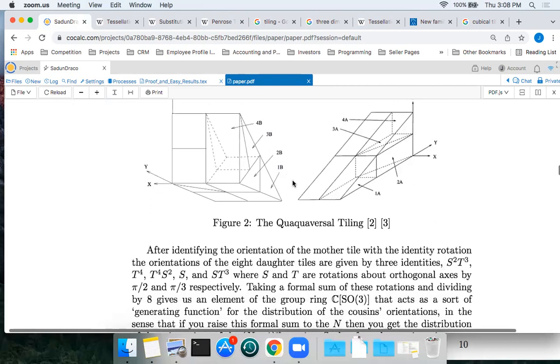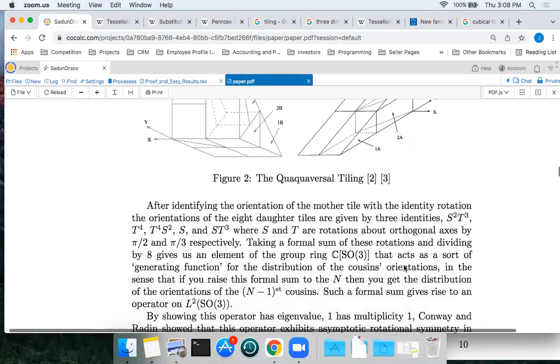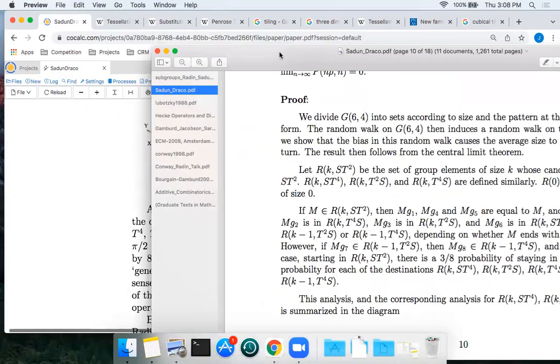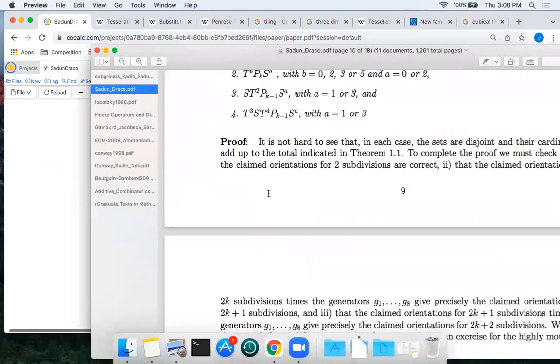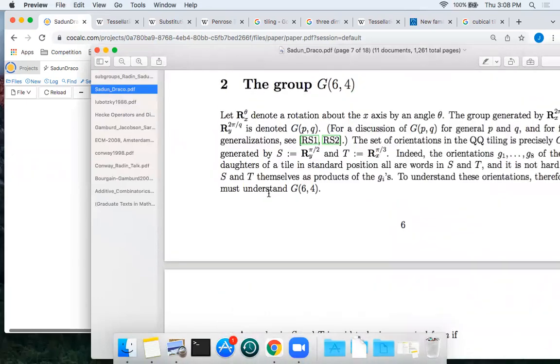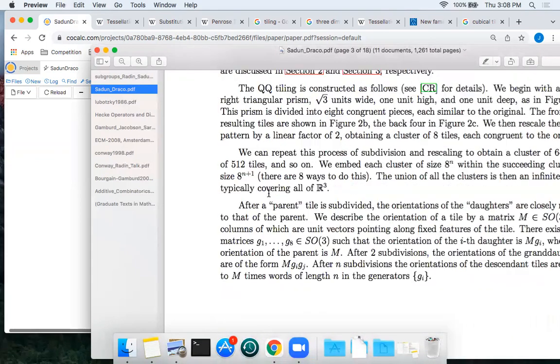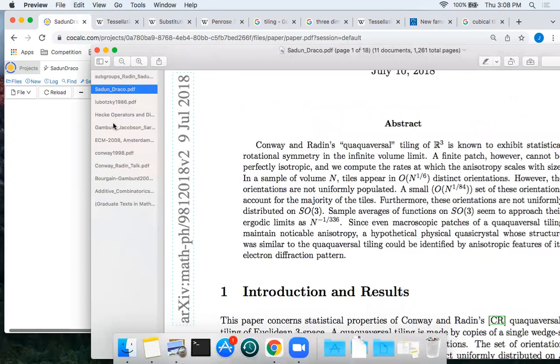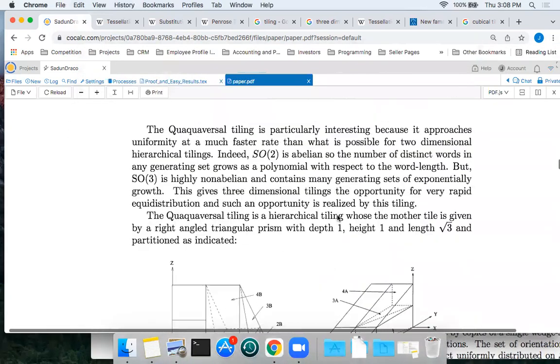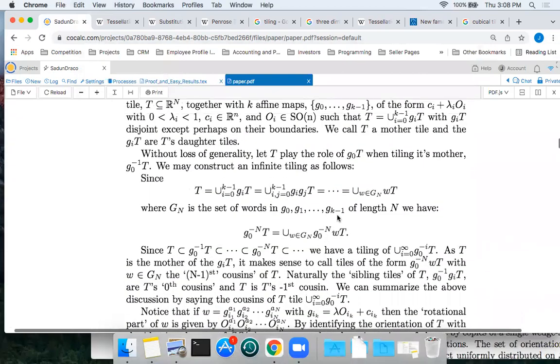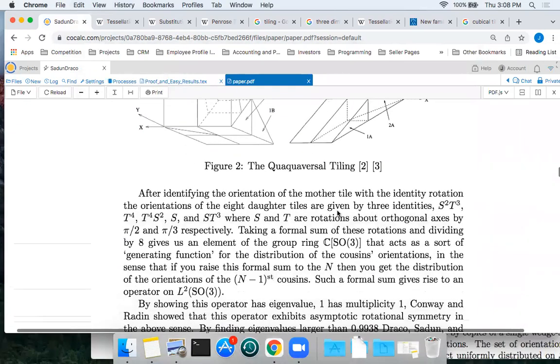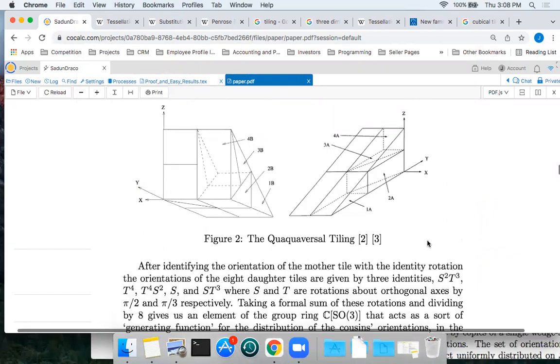And you can check that these are given by s squared t cubed, t to the 4th, s squared, s, and s t cubed, where s and t are rotations by pi over 2 and pi over 3 about the y and x axis.